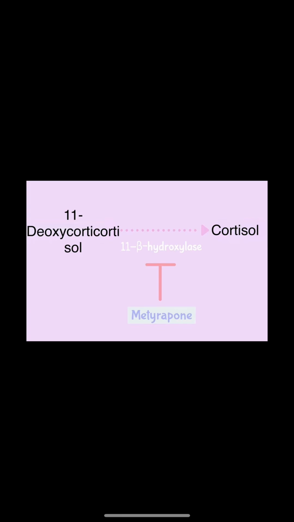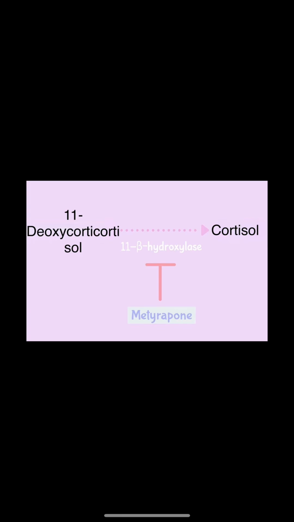Now, what happens in the case of a pituitary tumor? In that case, you will see the same thing but in very, very high amounts. The precursor will be in very, very high amounts, okay? Because of the suppression, we are going to see that the precursor is very, very high.